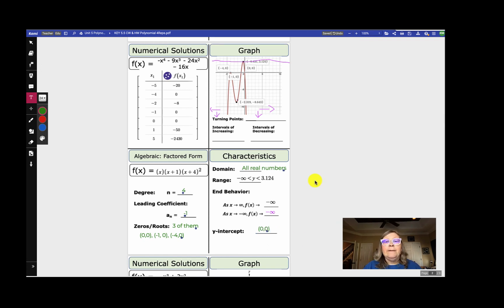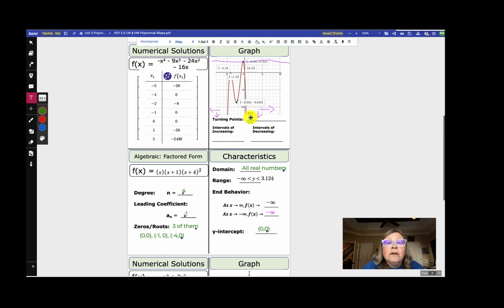Right, and our last thing is our turning points. And so we have a turning point at, I clicked on them. So the first one's at minus 2.3, and I'm going to round minus 8.6. That's the first one. And the second one is at minus 0.43, comma 3.1.